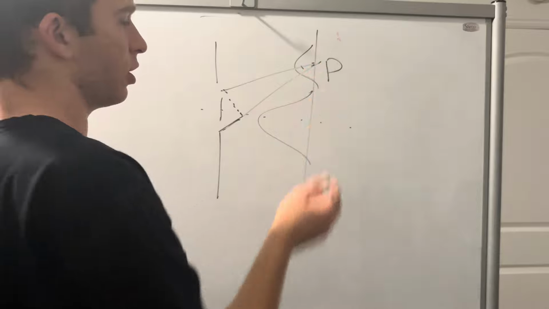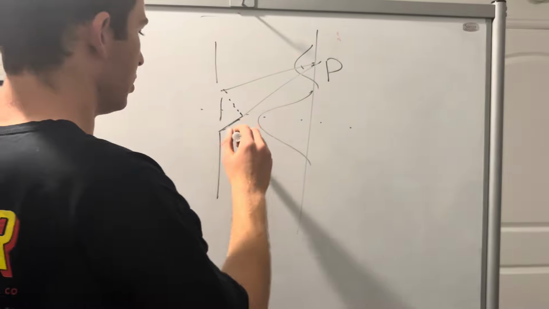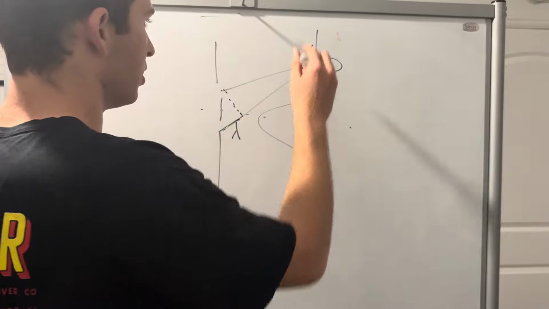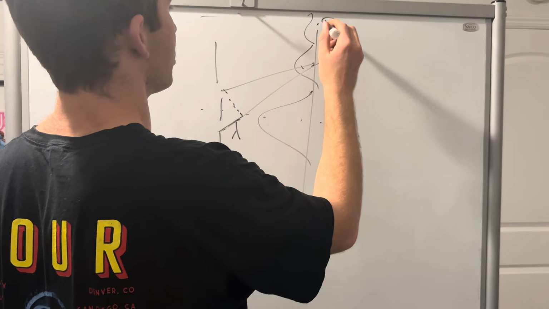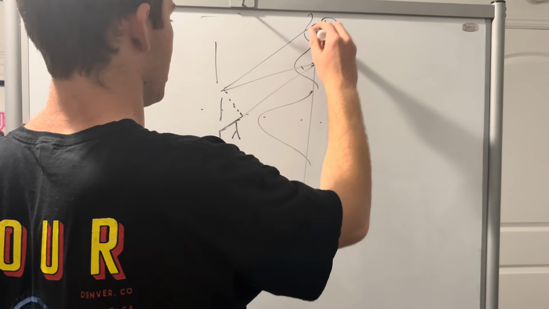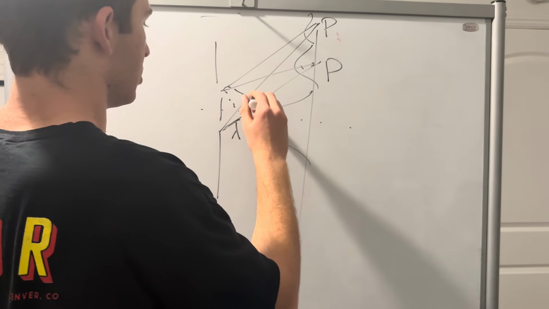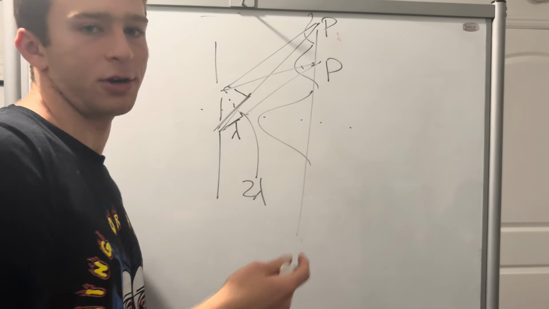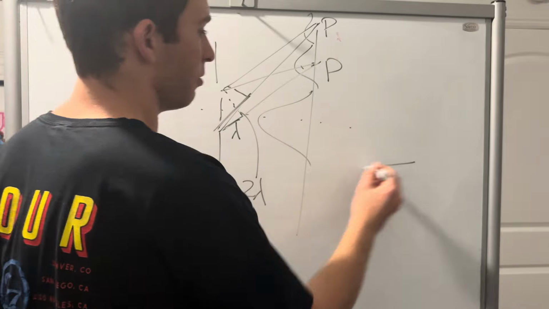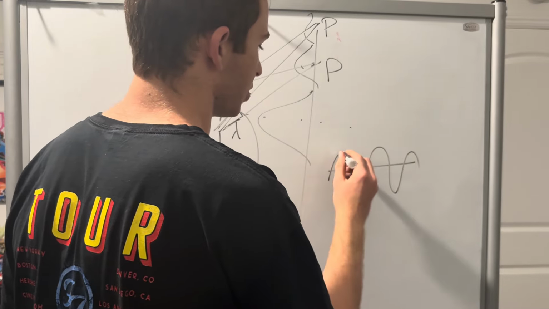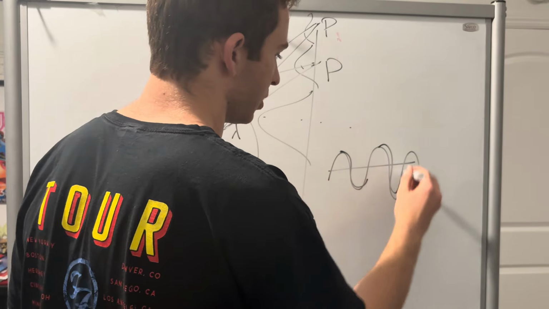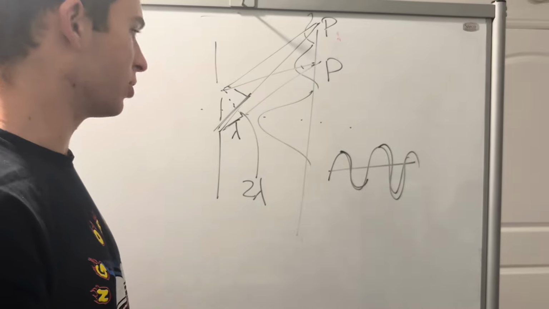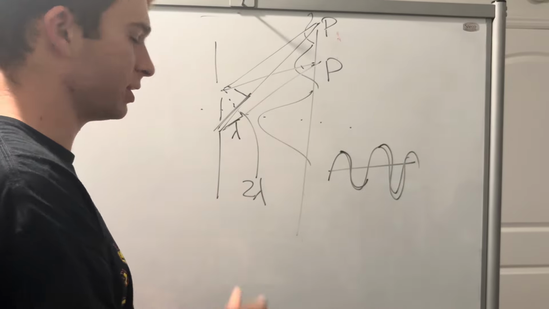If this is 1 hump away from the center, then this distance is 1 wavelength. If you have your point P, let's say over here, then the distance is going to be 2 wavelengths, and etc. It's basically the same thing that was up with this wave, where you could start another one here, you could start another one here, and you just keep going into your number of wavelengths to get your constructive interference.